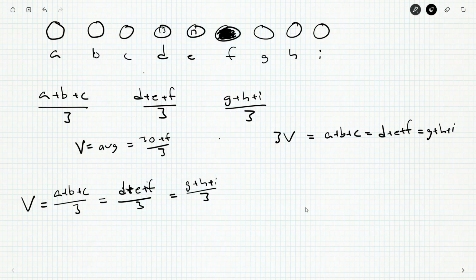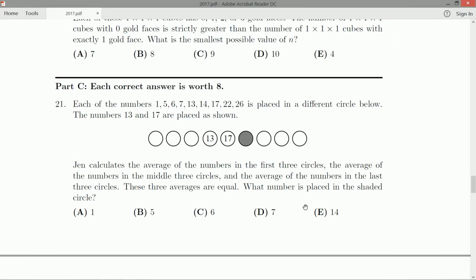So, A plus B plus C plus D plus E plus F plus G plus H plus I has got to be the sum of all the numbers. But this is 3V, and this is 3V, and this is 3V. So it's going to be 9V. So 9V is the sum of all these numbers here.